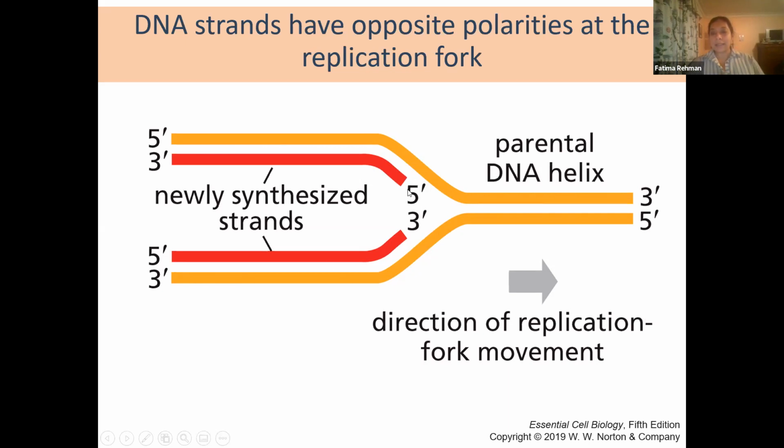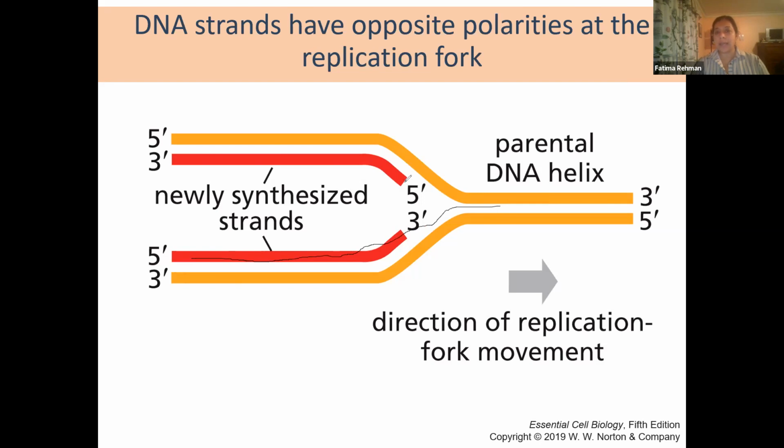Okay, so as it is opening up, if you look at this DNA fork, as this gets opened up, on this side, it's just going to continue to make this strand. The more it opens, the more it's able to make it.